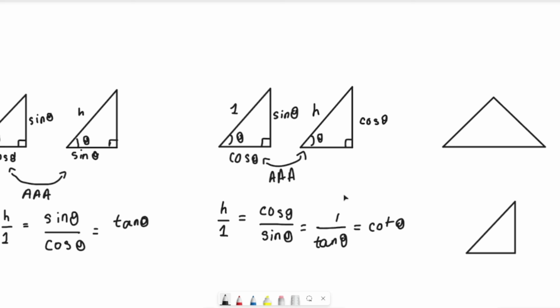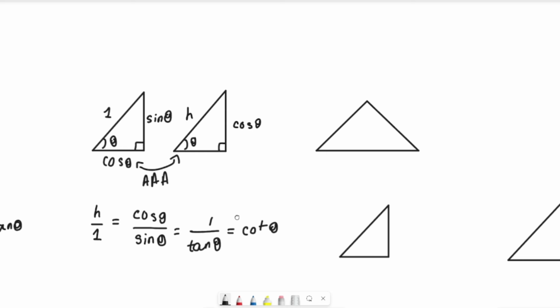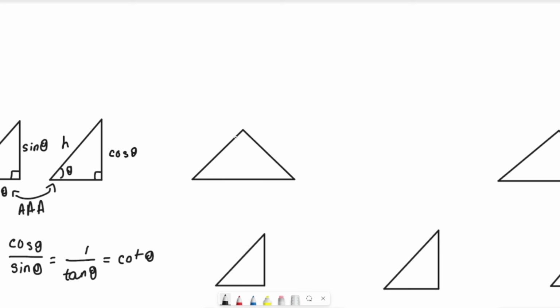And I have this triangle drawn here. We know that this was 90 degrees, that this was theta, and this is 90 minus theta. And we know that this was 1 and this was tan theta.